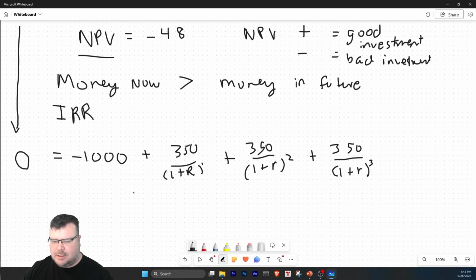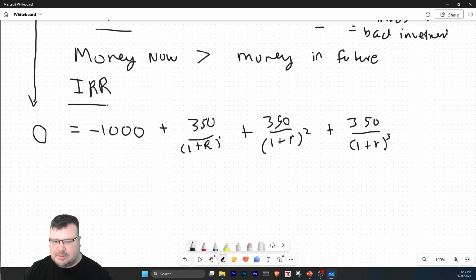Again, you're not going to have to do these calculations, but you can see that we're putting net present value equal to 0. Now that we've put net present value to 0 to find the internal rate of return, we only have one variable that isn't declared.